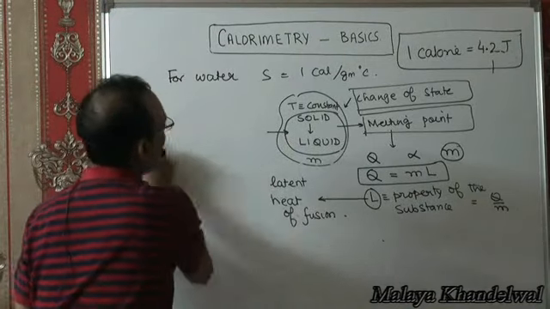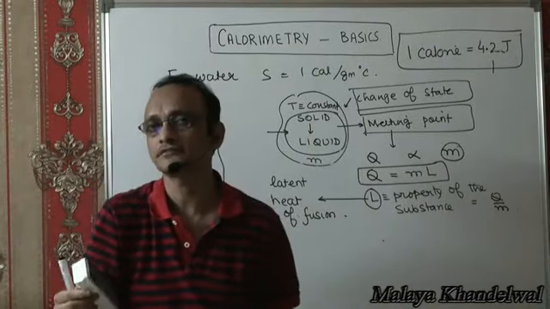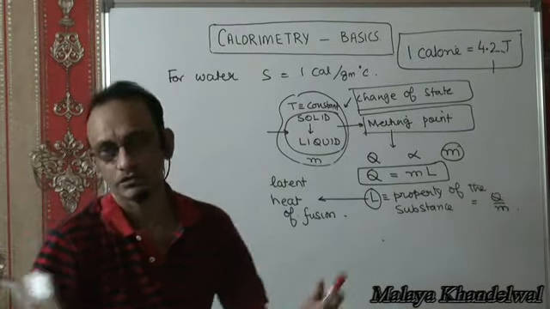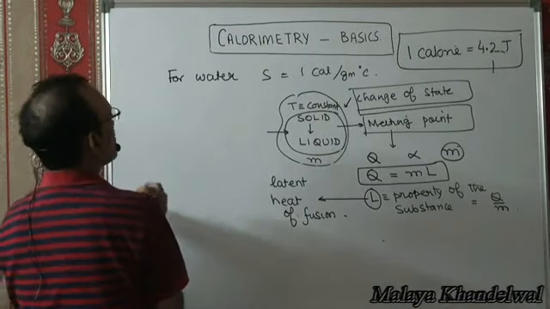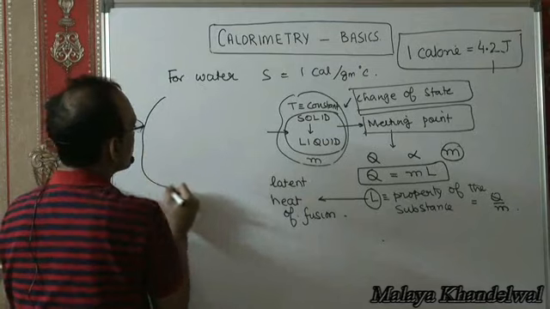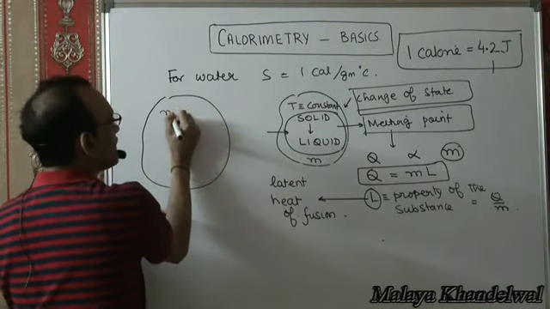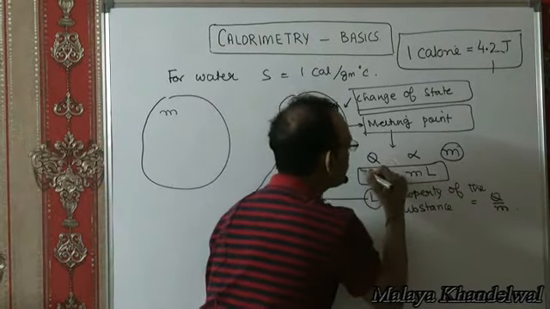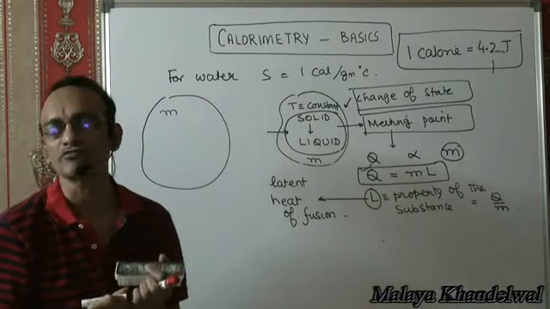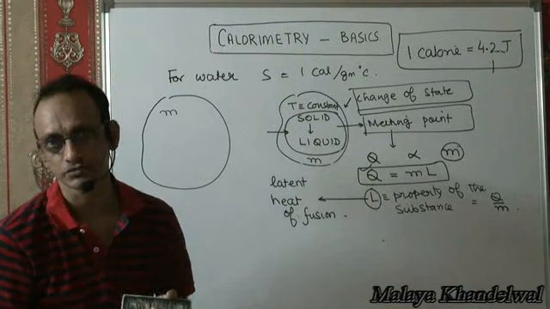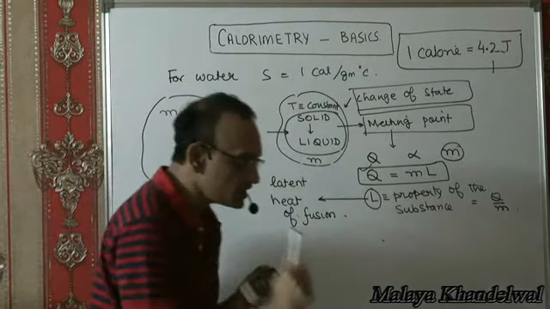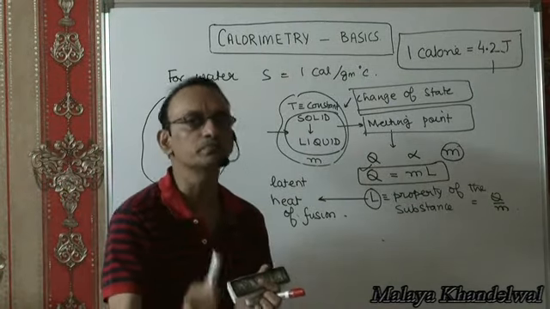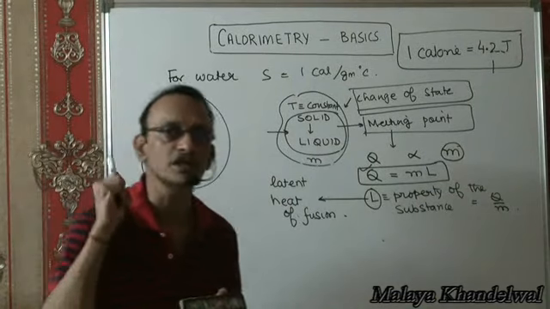So again, imagine that now I have m grams of the same liquid. I've converted that solid to liquid by supplying how much heat? Q calories of heat, which has only caused change of state but has not resulted in change of temperature.